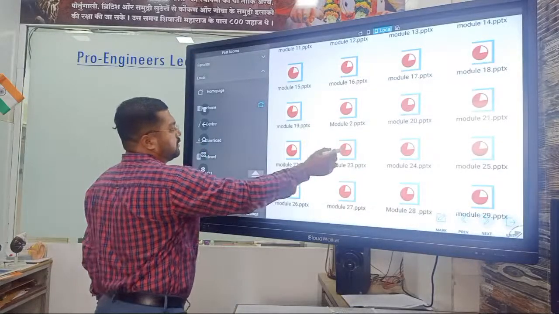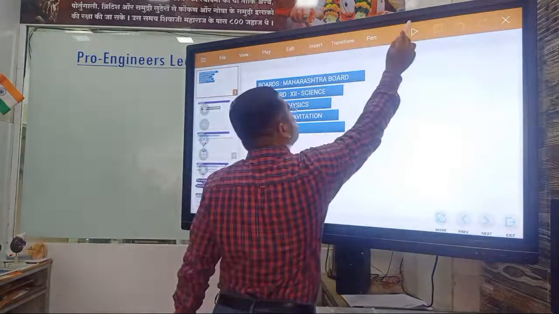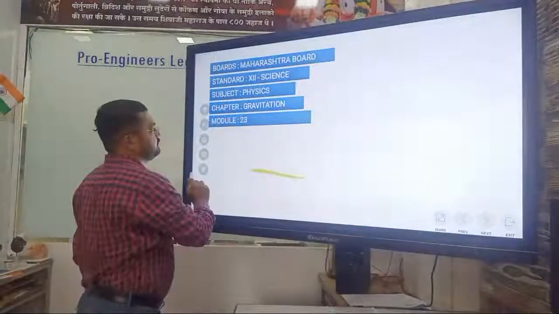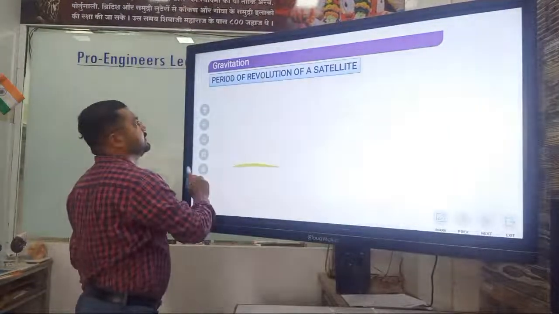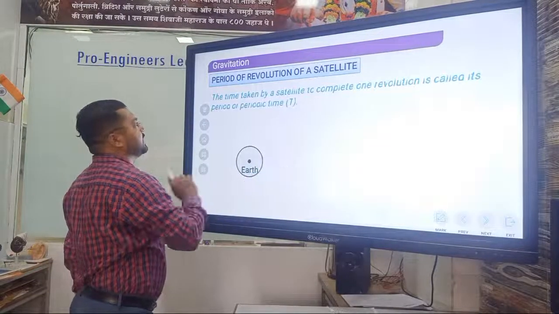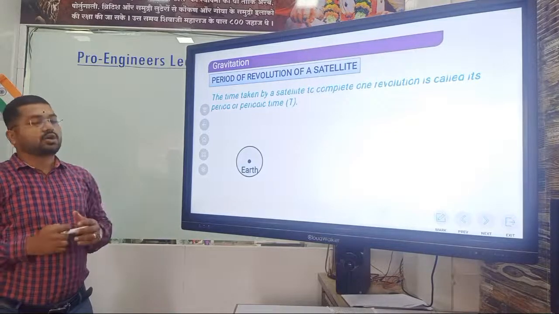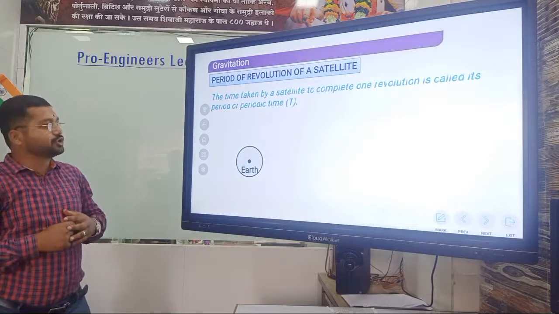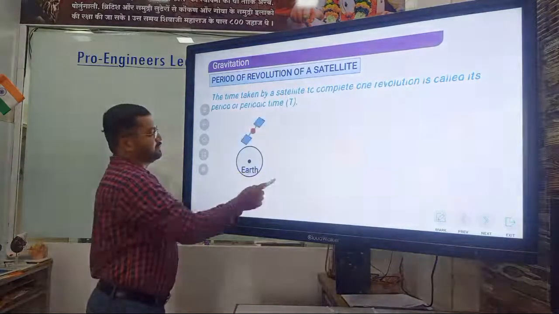Now model 23. Time period of satellite. Period of revolution of satellite. So what is the definition? The time taken by a satellite to complete one revolution is called periodic time.